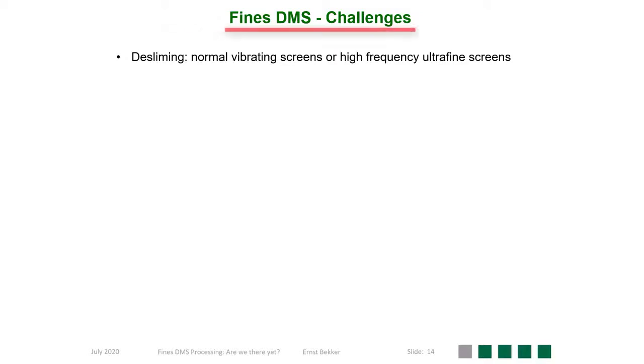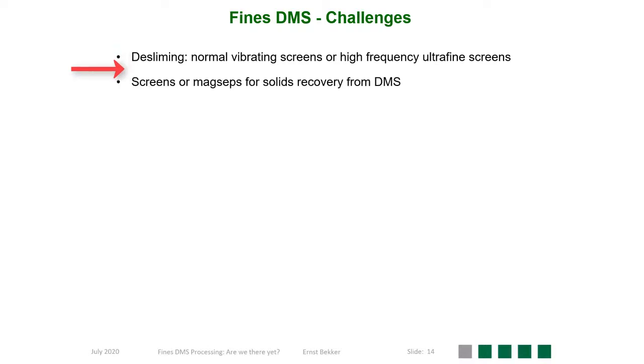Moving on then to challenges that we see so far in fines dense media separation. The desliming activity. Most of the plants currently are using normal vibrating screens or high frequency ultrafine screens. Screens or magnetic separators are used to separate the solids from the media.